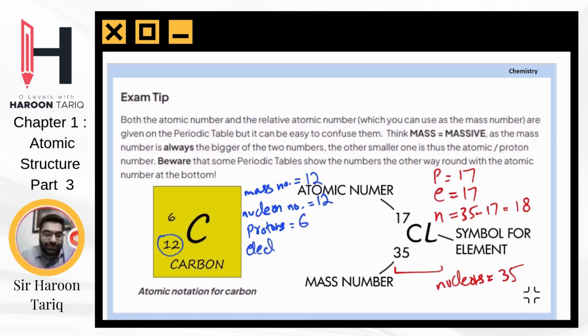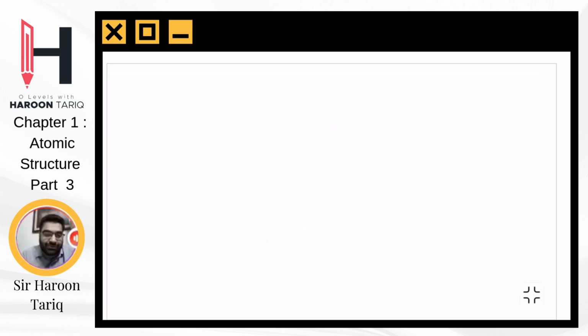The number of electrons is the same as the number of protons, 6. The number of neutrons, coincidentally 6. So basically 12 minus 6, the mass number minus the proton number, which is coincidentally 6 as well. Yes, that is correct. Mass number and nucleon number is the same thing. Is this clear now? Any doubts?